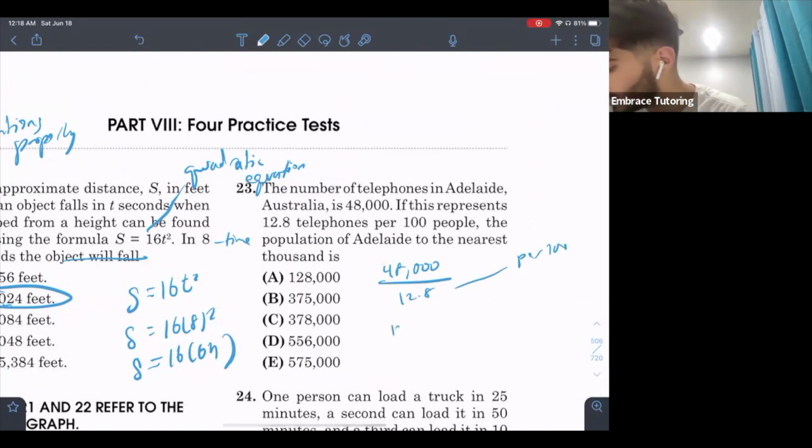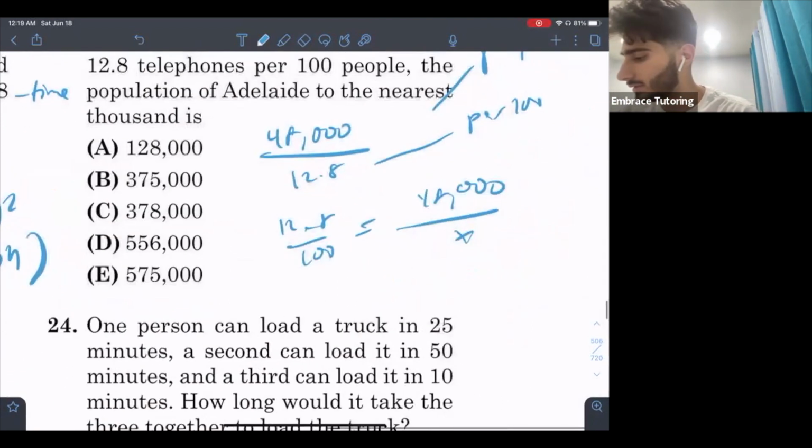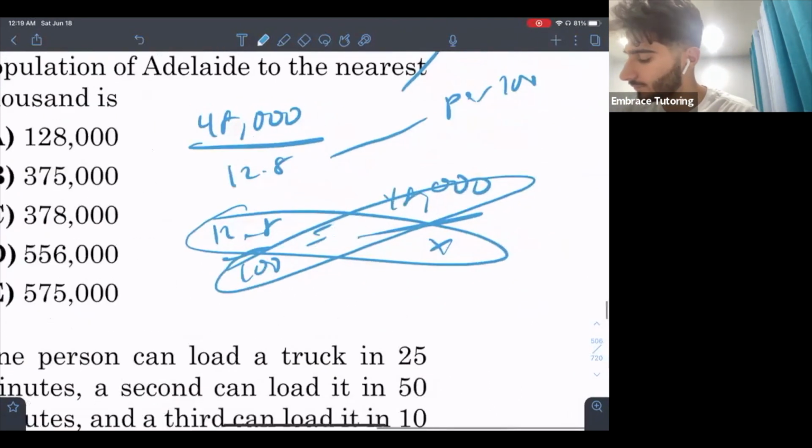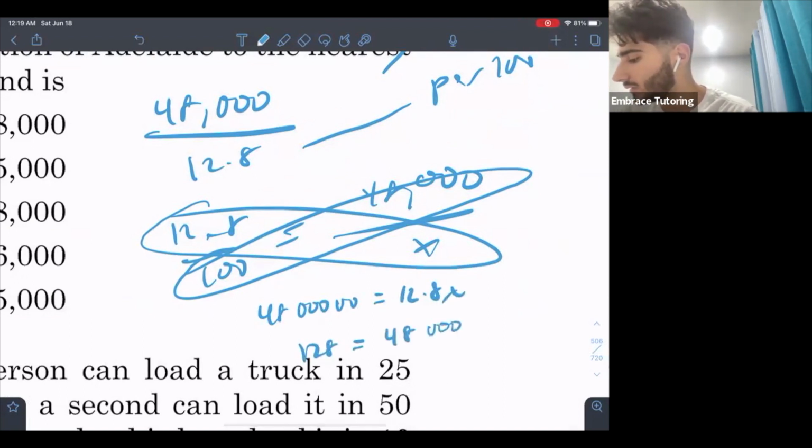We can make a proportion: 12.8 over 100 is equal to 48,000 over x. Multiplying out, 12.8x is equal to 48,000 times 100, which is 4,800,000.